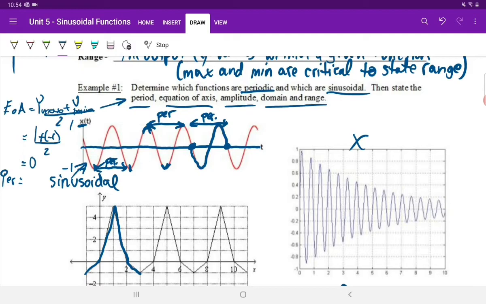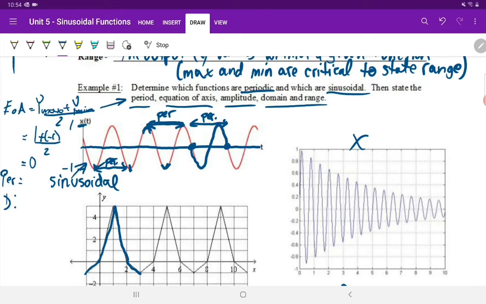You can take the horizontal distance between your minimums or between your maximums, or you can start at the equation of axis and see how long a cycle takes from there. So what is our period? It's hard to say because we don't have units here, so I'm not going to state them, and that's fine. But you can see what it would be: the horizontal distance between your max to max or min to min, or on your equation of axis itself.